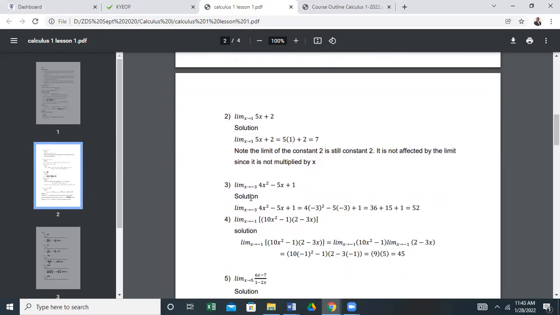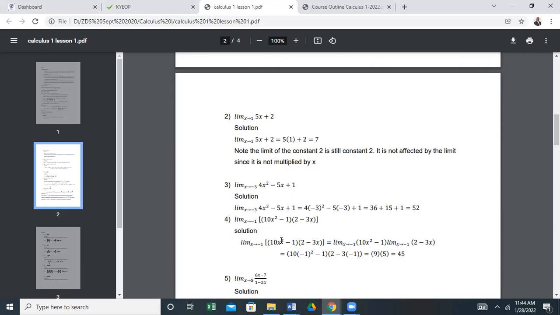So I'm going to replace all my x's with the -3. For the first case, -3 squared is 9. So 4 multiplied by 9 gives us 36. Then I have -3 multiplied by -5. Negative multiplied by negative is positive. So I'm going to get positive 15. And then my 1 is a constant. It will remain as a constant.